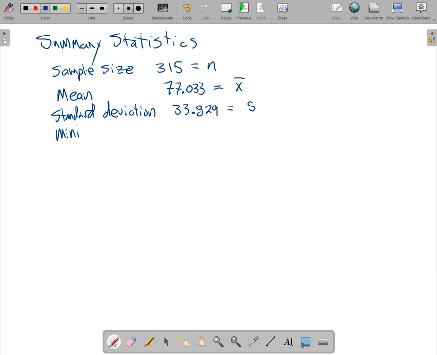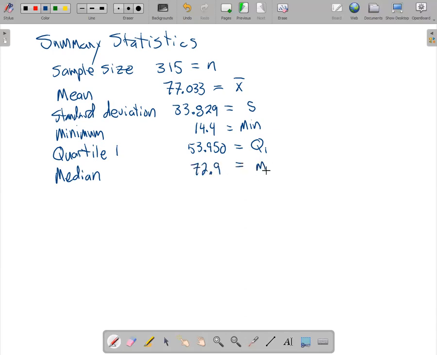Got the minimum. Minimum doesn't get a letter. 14.4. We often abbreviate it as just MIN. In words, I'm going to write here quartile 1. And that number is 53.950. Its variable name is Q1. Median, 72.9.